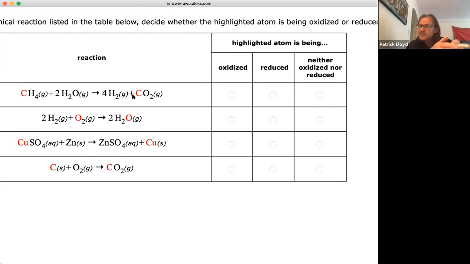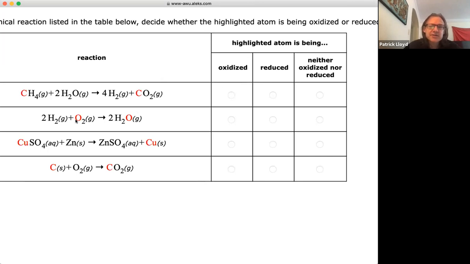It became more positive. That's losing electrons. So that's oxidized. I said it the reverse at first, so let me be careful about that.